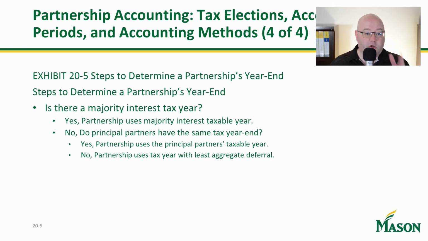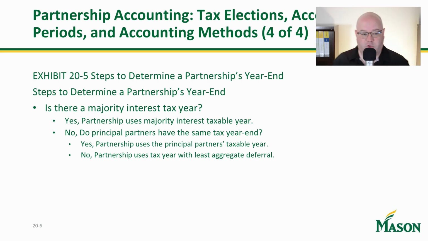Okay, so they say here, steps to determine: is there a majority interest tax year? So, for example, I have a partnership where Corporation 1 owns 60%, Corporation 2 owns 30%, Corporation 3 owns 10%. Corporation 1, because they're a 60% owner, whatever their tax year is, you're going to use it. That's just it. If not, do the principals have the same tax year end?